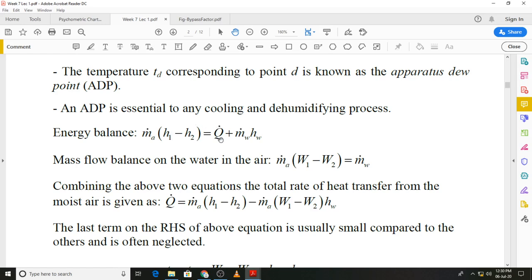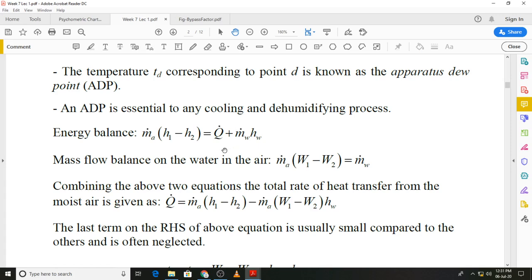This is the rate at which the cooling coil is removing energy from the airstream, and because there is condensation, the fluid which condenses also carries with it energy that is equal to m dot w into hw, and what remains is the energy at the end of the cooling process, that is m dot a into h2.